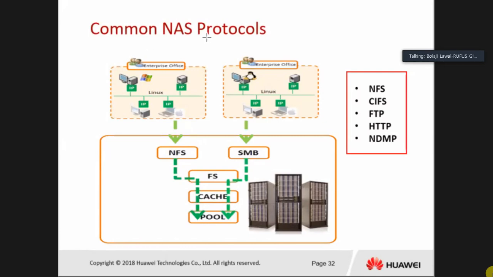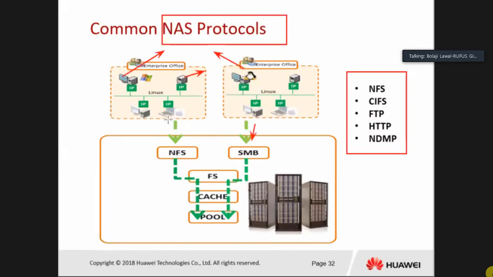So now, common NAS protocols. I told you that this network is heterogeneous. I explained it as heterogeneous to support more than one operating system. This is one operating system here. This is another operating system that you can see. You can see this is the file server here. When it comes in here, it comes in as a server message block. This comes in as server message block.